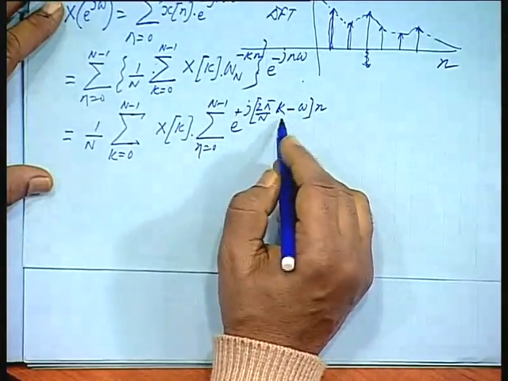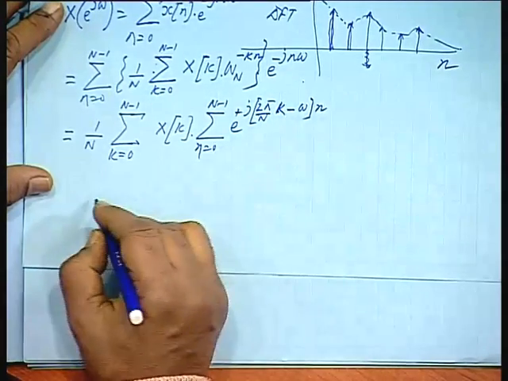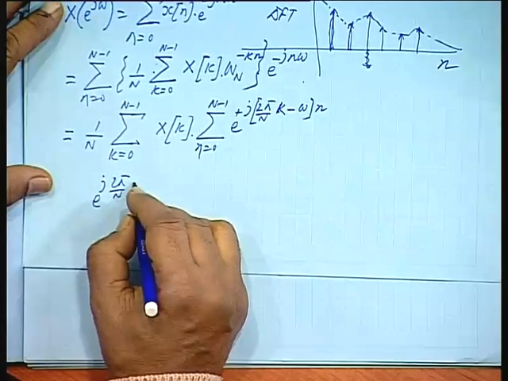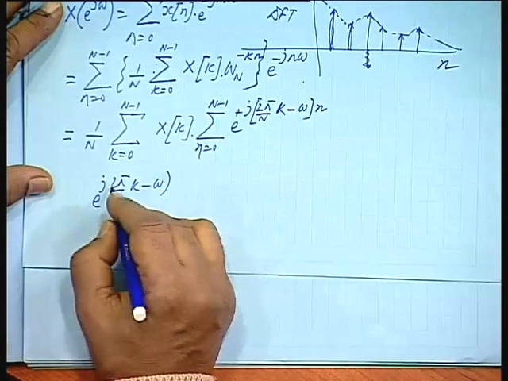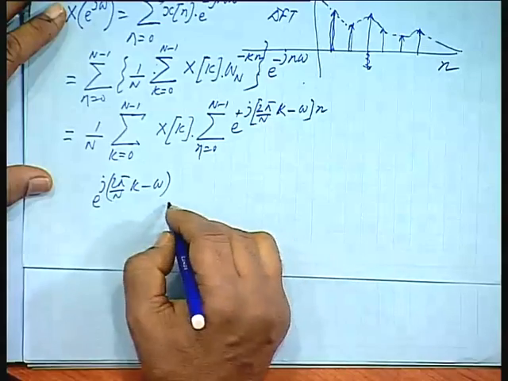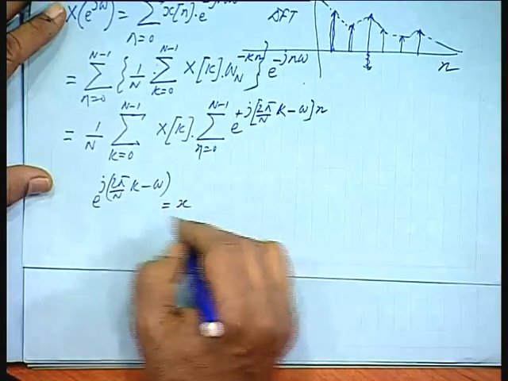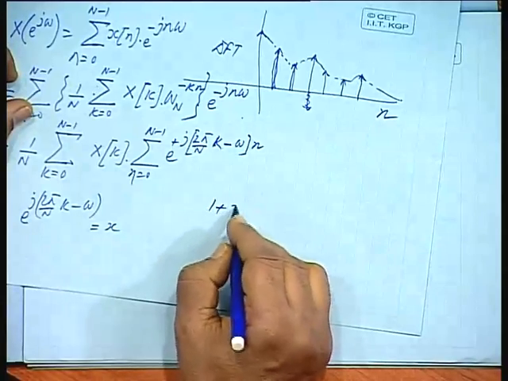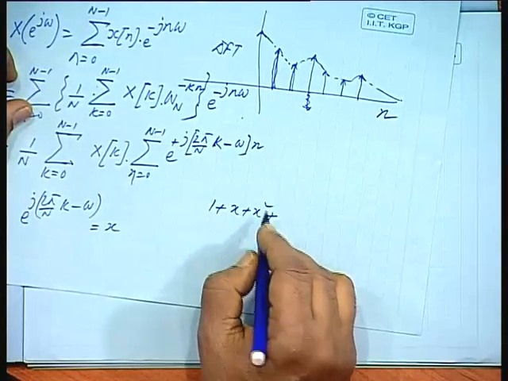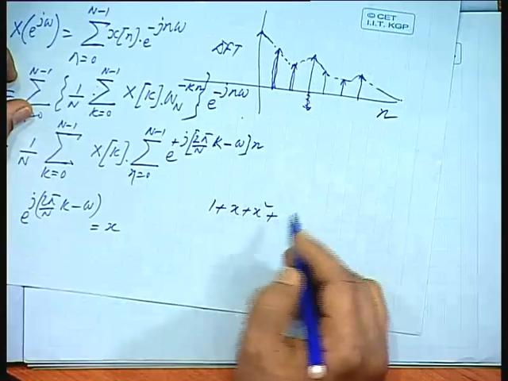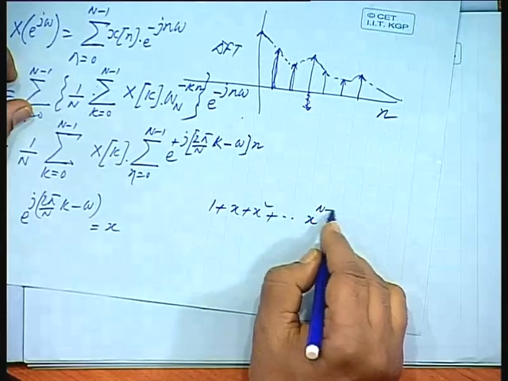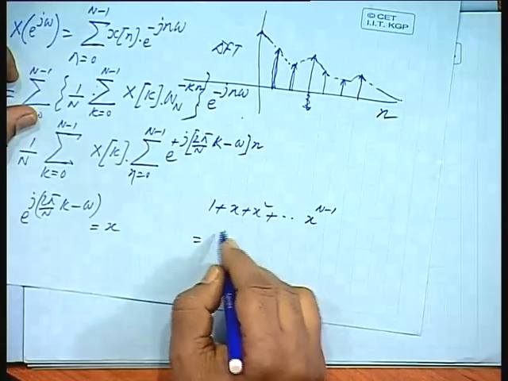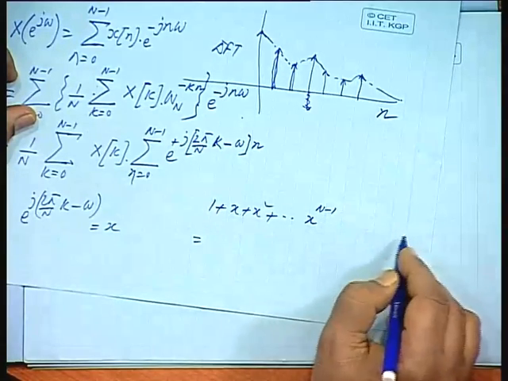So, here if I take e to the power j 2 pi by N k minus omega as a basic element, say x, all right. So, what is this? 1 plus x squared, n equal to 0, 1, 2, 3, means up to x to the power N minus 1. Okay. I can write this as multiplied by 1 minus x, divided by 1 minus x.